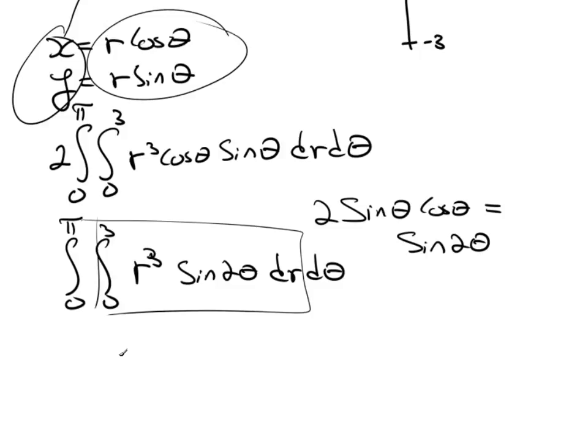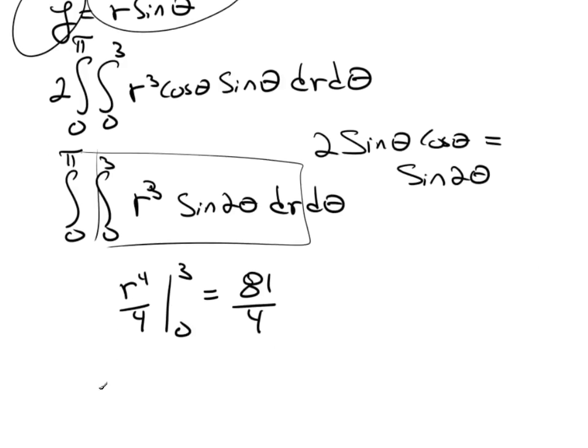So I'm going to end up with r to the 4th over 4 evaluated from 0 to 3. So this is 3 to the 4th, which is 81 over 4 minus 0.